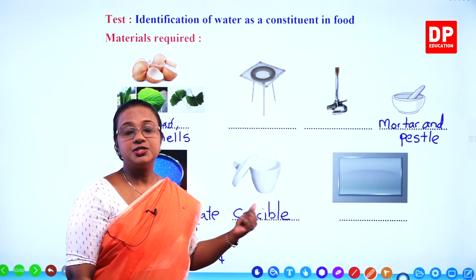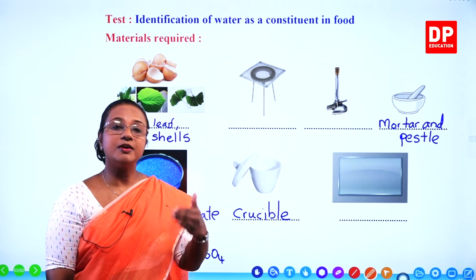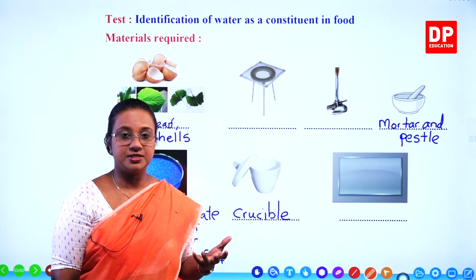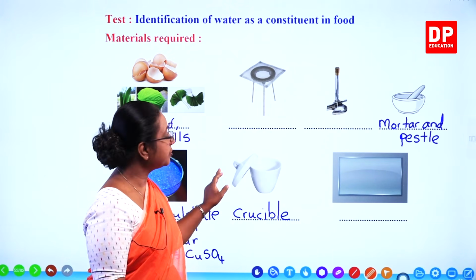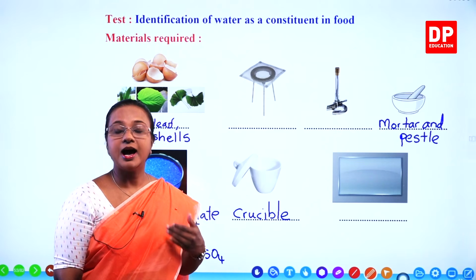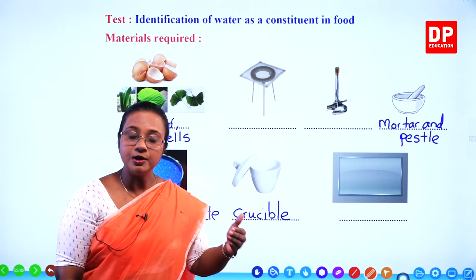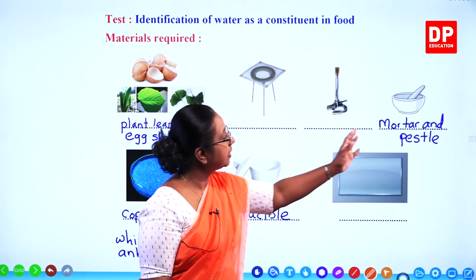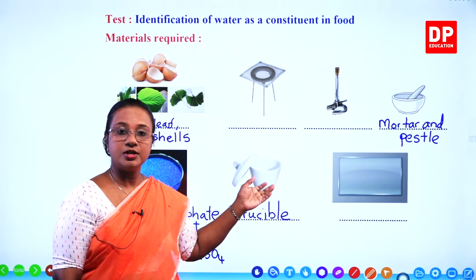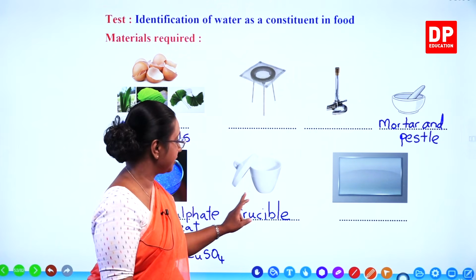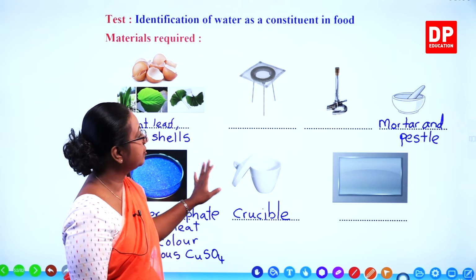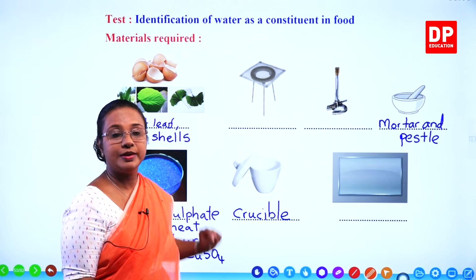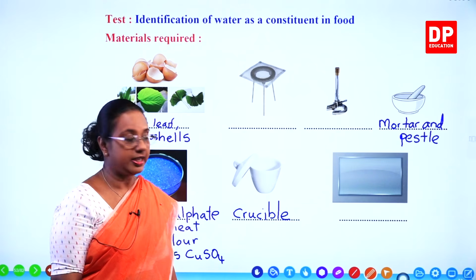We use this to heat samples for a very long time or to very high temperatures, because this crucible can withstand high temperature over a long period of time. So, we will transfer the ground plant parts or the eggshells into the crucible. Then we need to use the Bunsen burner and the tripod with the wire mesh for heating.